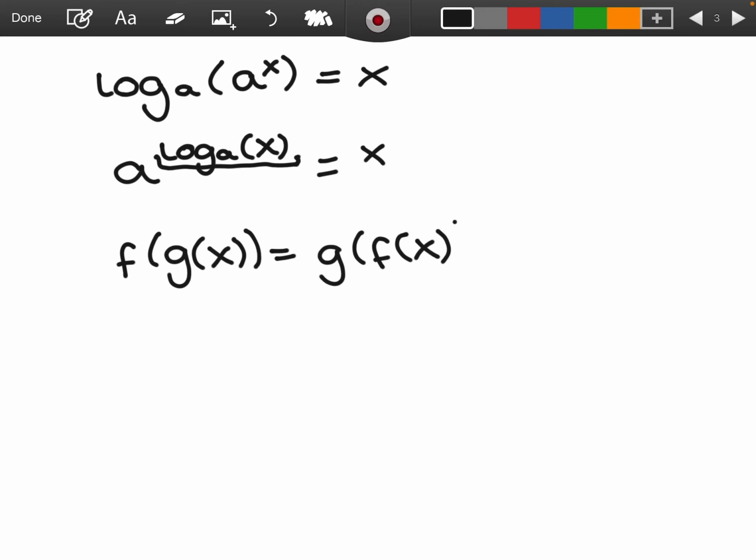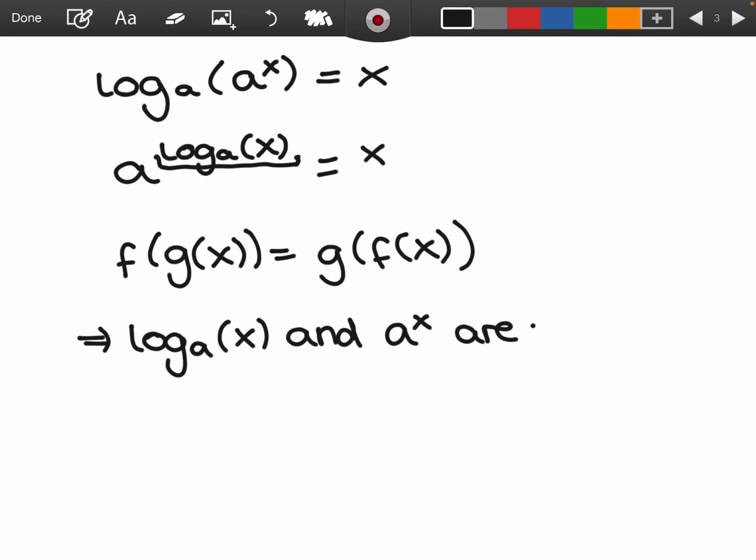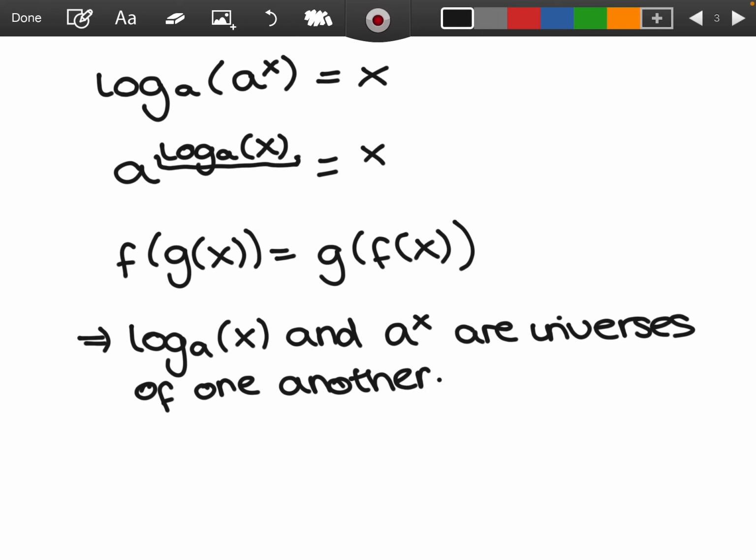That tells me that regardless of which way round I put these functions, I get that f of g of x is equal to g of f of x, which means that log base a of x and a to the x are inverses of one another.